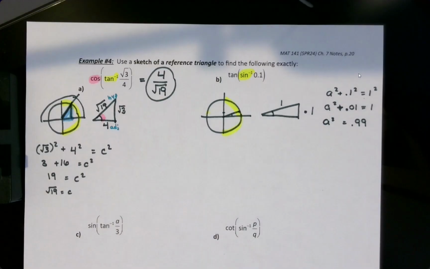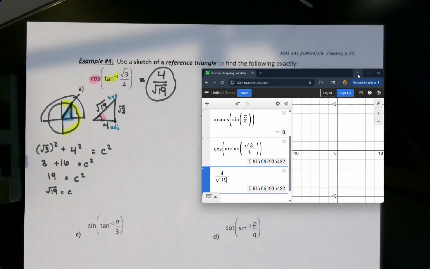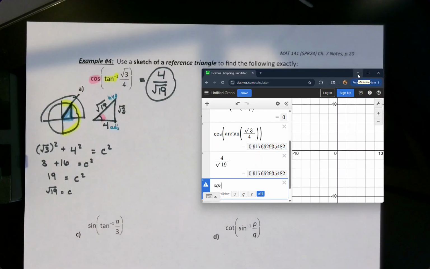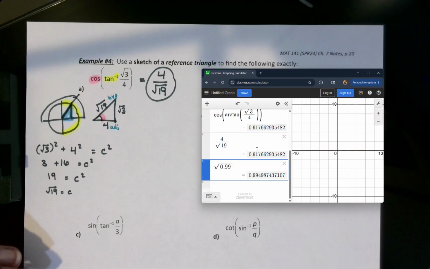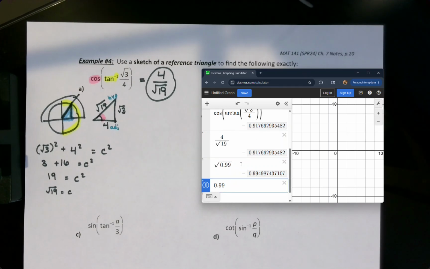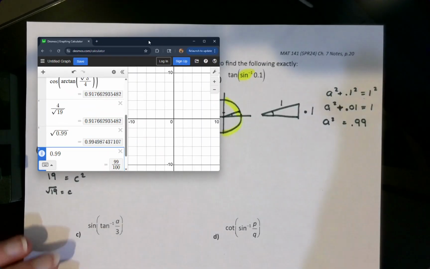And if you take the square root of both sides, it's that number. That's not going to be an exact number. We could write it in fraction form if we wanted it exact, which apparently we do. So 0.99 in fraction form is 99 over 100.